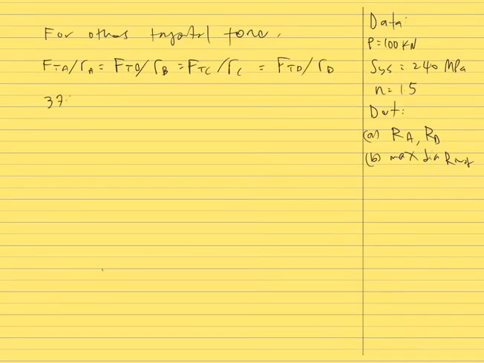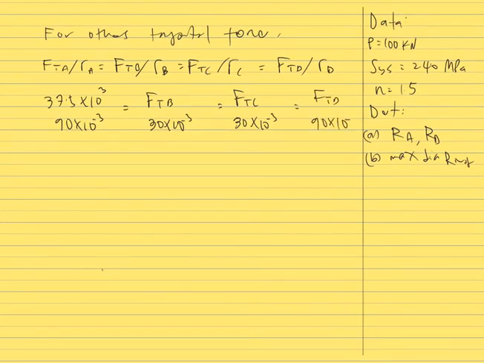So 37.5 kilonewton divided by RA, which is 90 mm, is equal to FTB divided by 30 mm for RB, is equal to FTC divided by 30 mm for RC, is equal to FTD divided by 90 mm for RD.